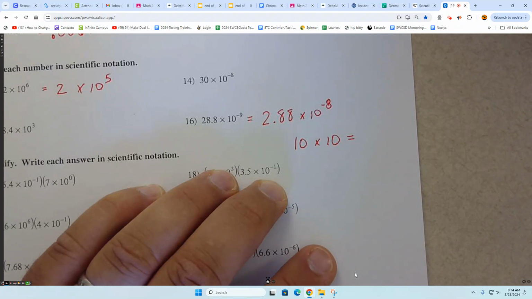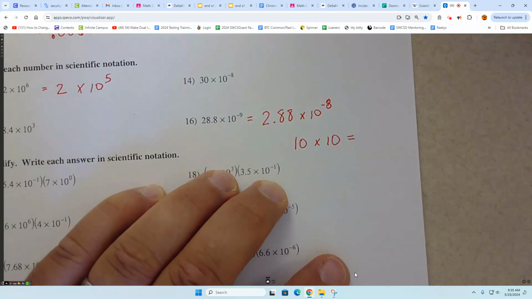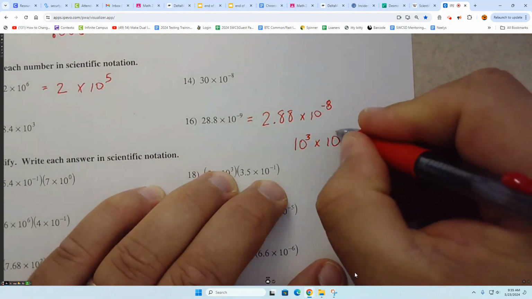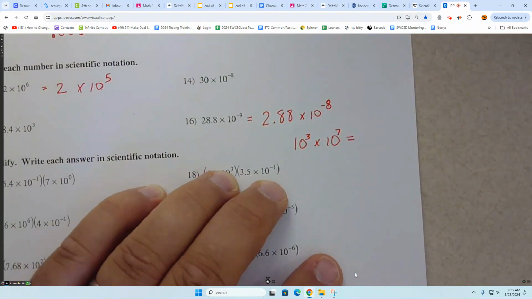Guys, focus. So 10 times 10 equals 10 to the second. 10 to the third times 10 is 10 to the fourth. 10 to the seventh times 10 cubed is 10 to the 10th.